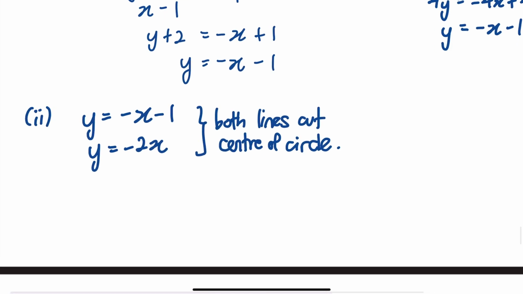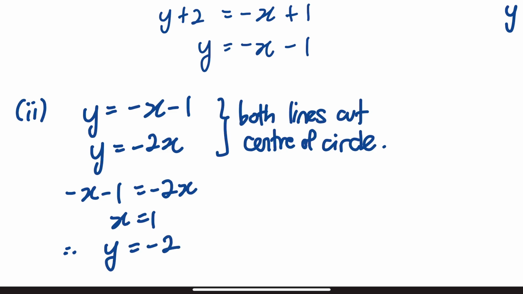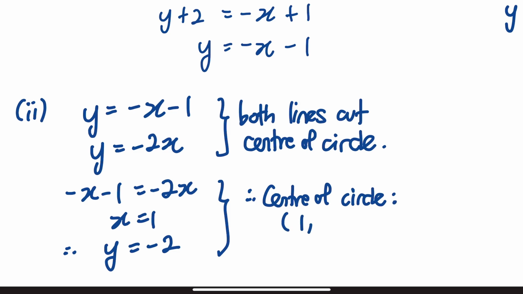By simultaneous equations, I will get negative x minus 1 equals negative 2x. Therefore x equals 1, which tells us that y is equal to negative 2. So therefore, the center of the circle has coordinates (1, negative 2).